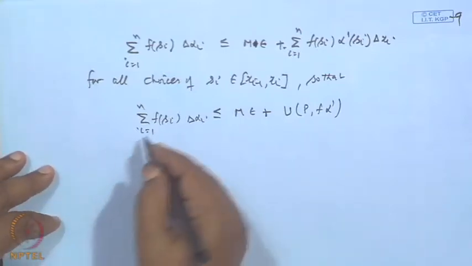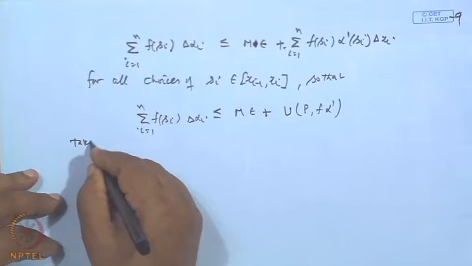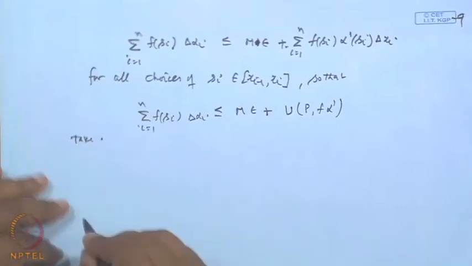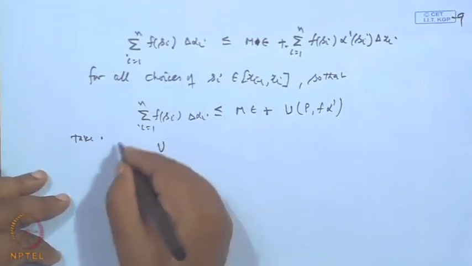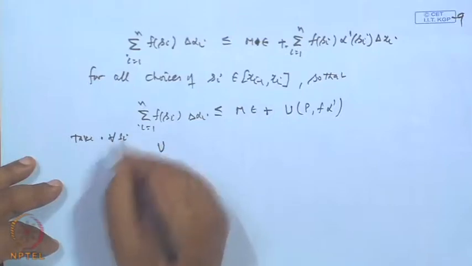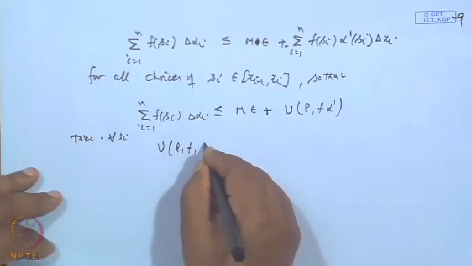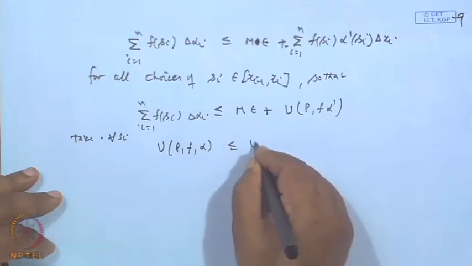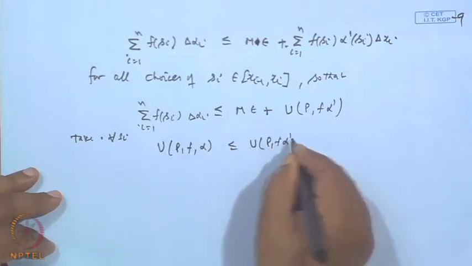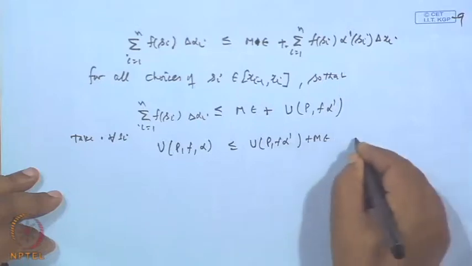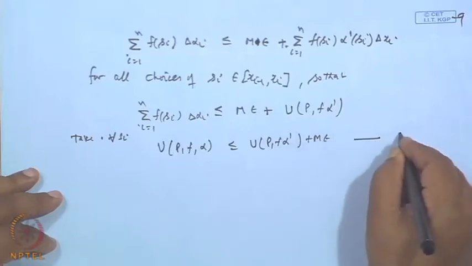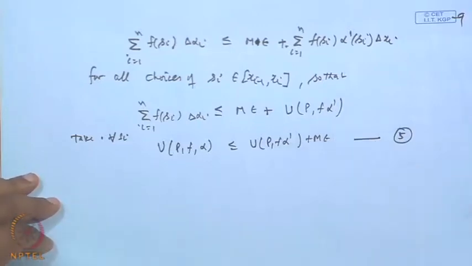So, now take the upper bound on the left hand side, replace by this maximum value. So, this is true for every s_i. So, we get the upper bound of this f alpha is less than or equal to upper bound of f alpha dash plus m epsilon. Let it be, say, fifth.